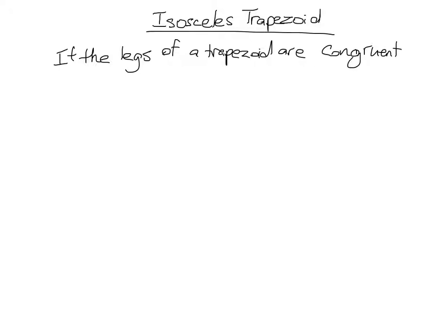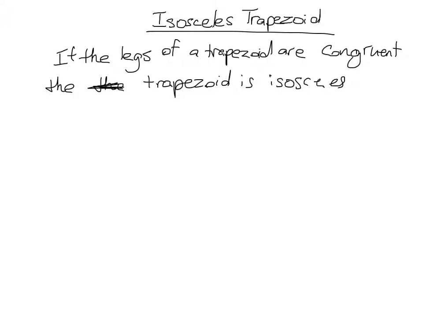All right, then the trapezoid is isosceles. Some of my letters got skipped there. There we go. All right, so in this case, we have a trapezoid.